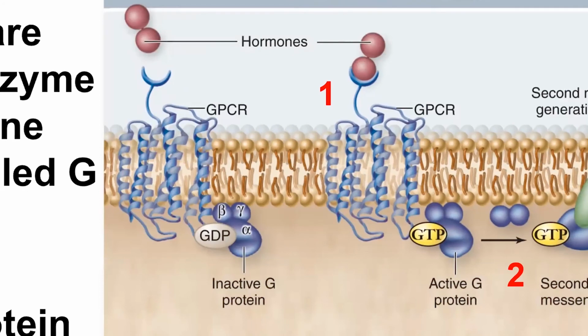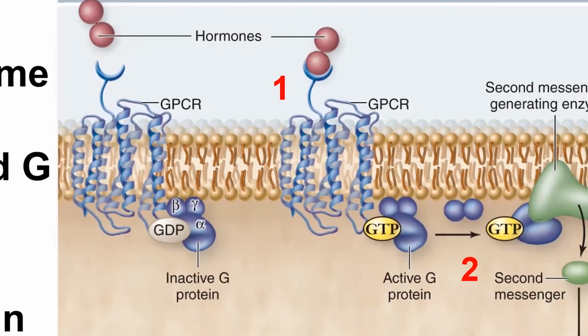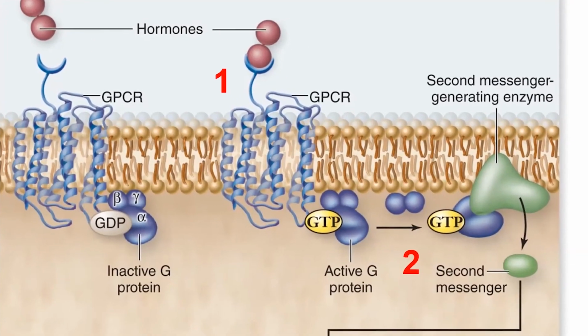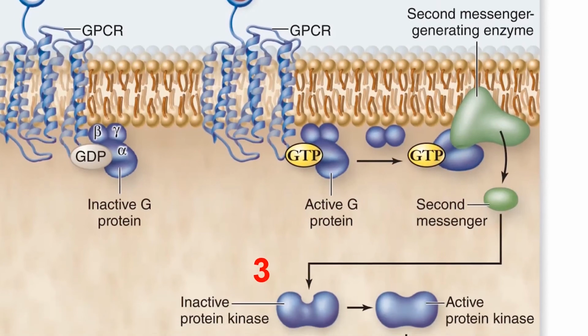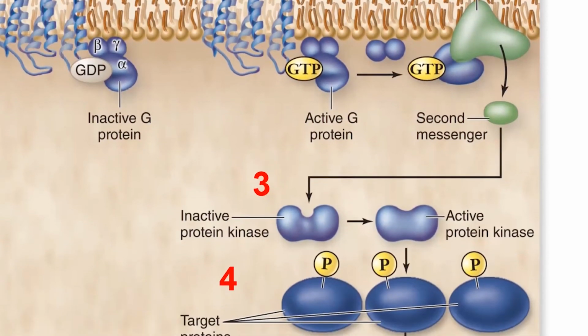The active G protein, in turn, then activates an enzyme whose job is to generate the second messenger. And that second messenger molecule then activates a protein kinase.